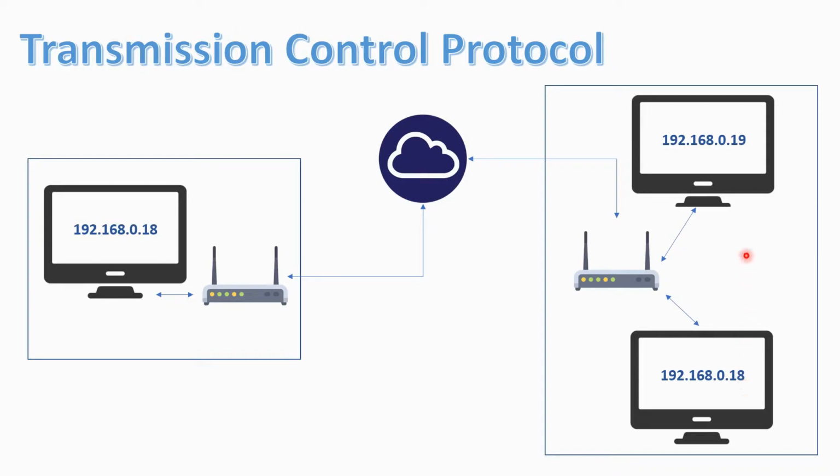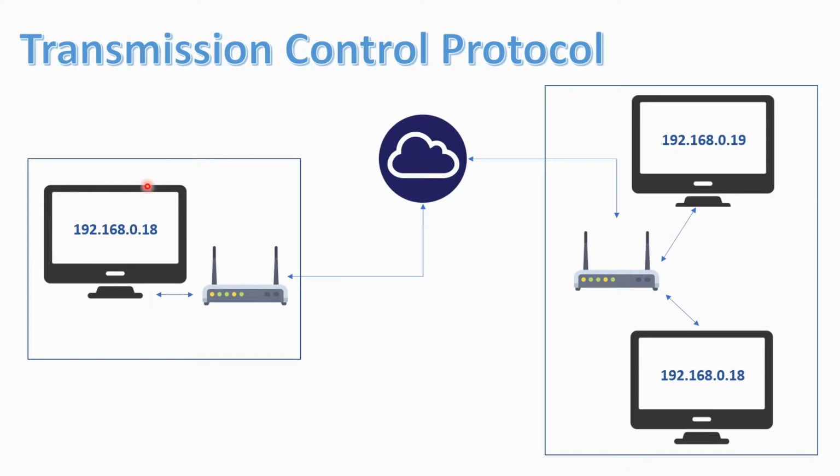But the IP addresses inside the local area network are unique. So even if we attach two more PCs to this router, all four will have unique IP addresses. But as these two locations are connected indirectly, they can have similar IP addresses.